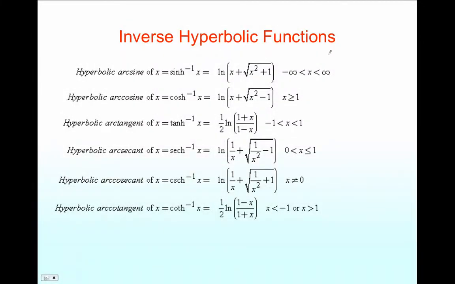In a similar way, one can get the inverses of all the other hyperbolic functions as well. We just did this one, but the cosh inverse is also easily worked out. But notice here that there is a restriction that what's in here, the argument x plus square root of x squared minus 1, has to be bigger than or equal to 1.